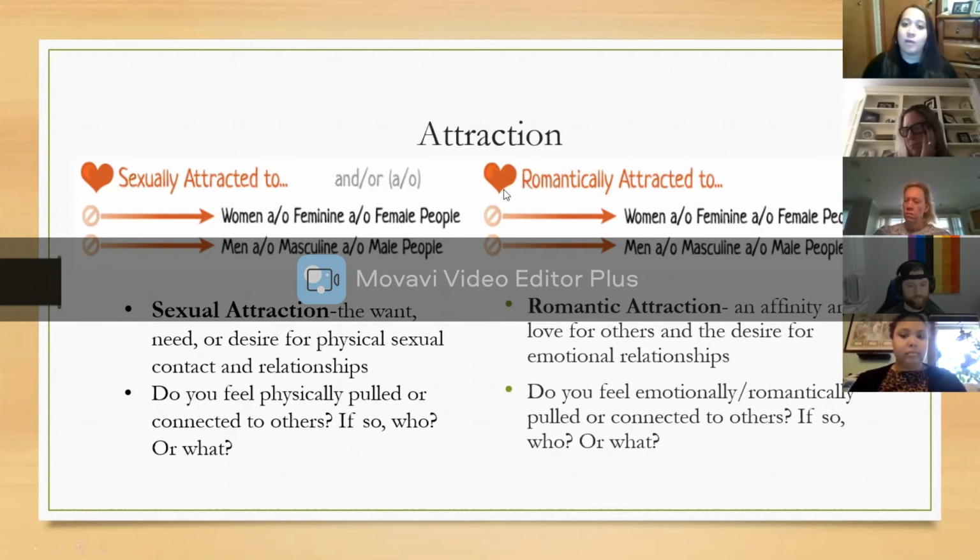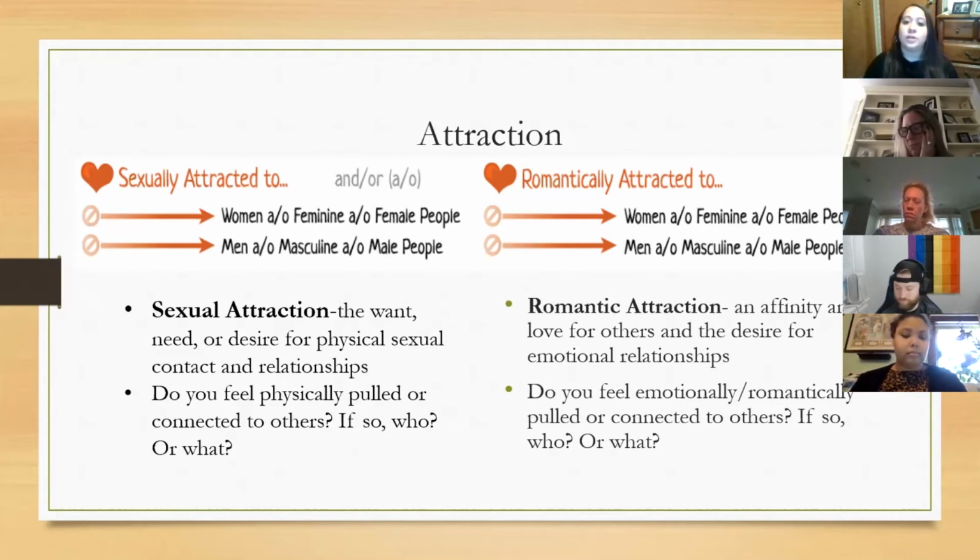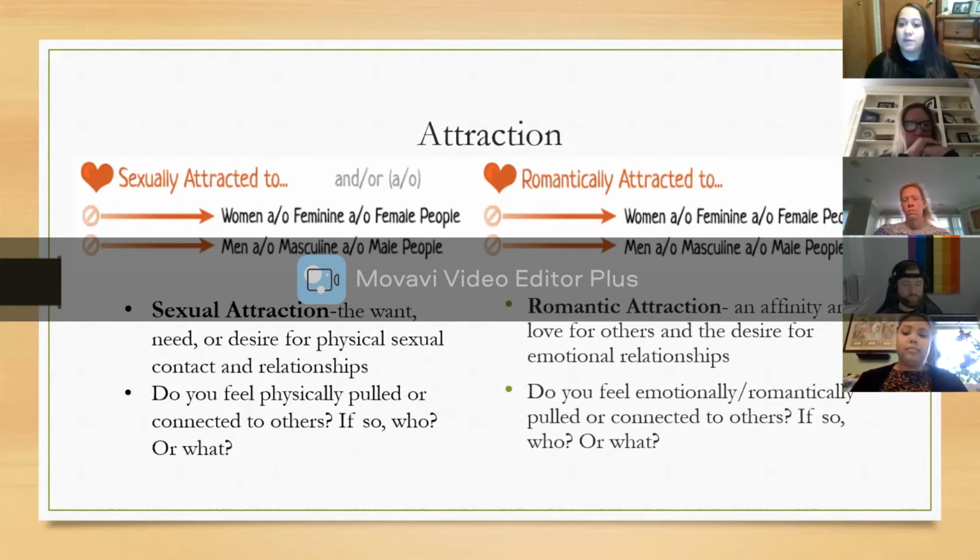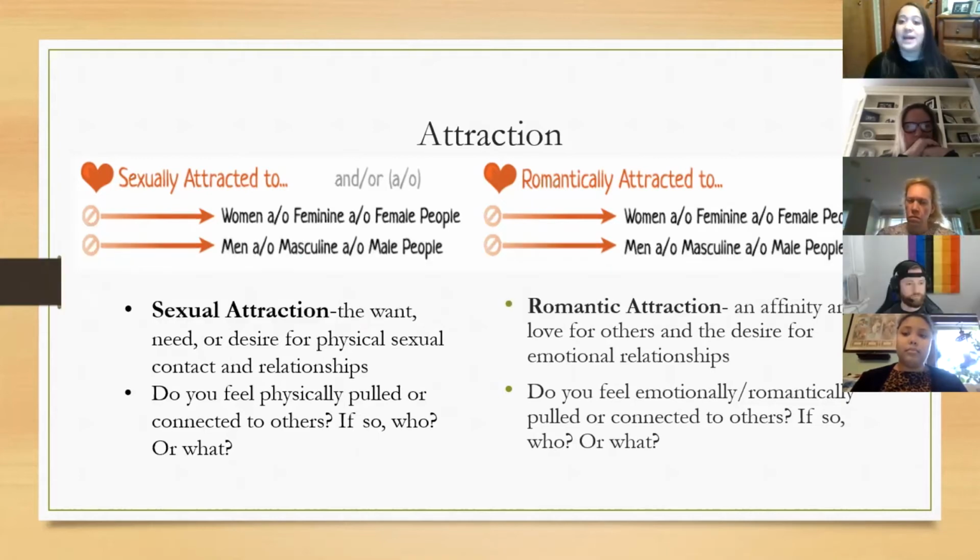Similarly, looking at romantic attraction. With sexual attraction, we're looking more at that physical component, where with romantic, we're looking more at that emotional component. That affinity for love: who do you feel romantically and emotionally connected to? And a lot of times people might not have both of those.